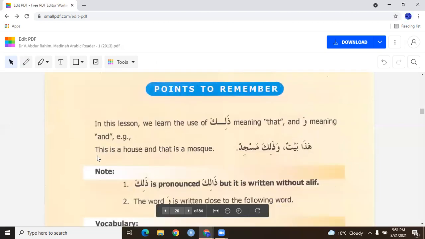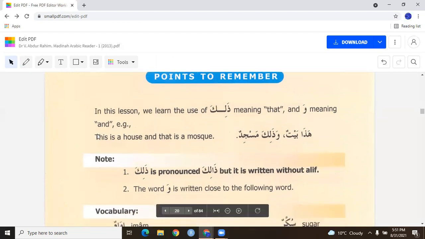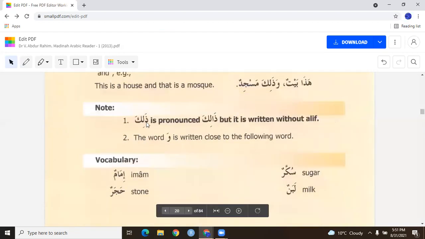So now we're at the points to remember. This is where we are going to summarize everything we learned in this lesson. So in this lesson, we learned the use of dhalika, which means that, and wa, which means and, okay? So this is a house and that is a mosque. That's what we learned. In the previous lesson, we did hada. Now we did dhalika. So what are some important notes?